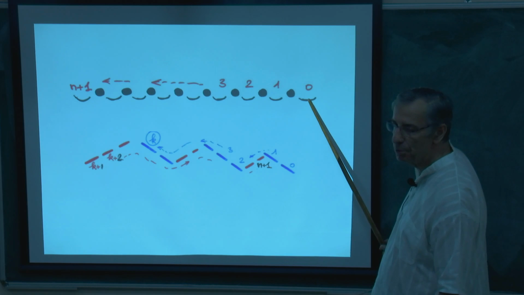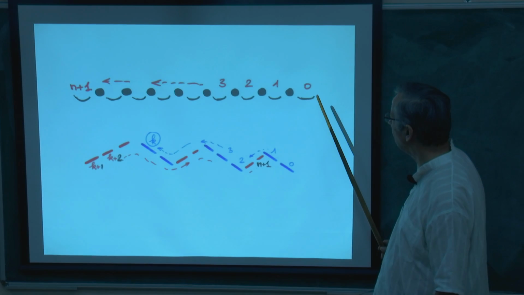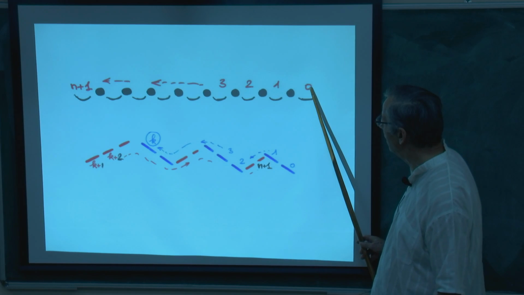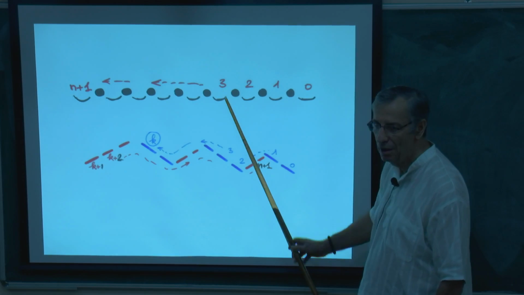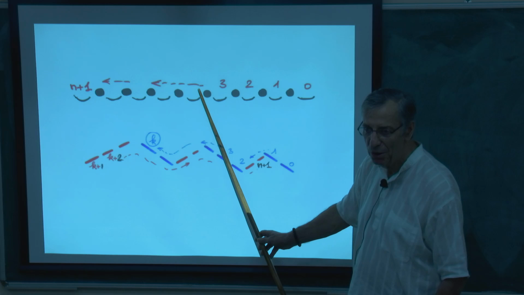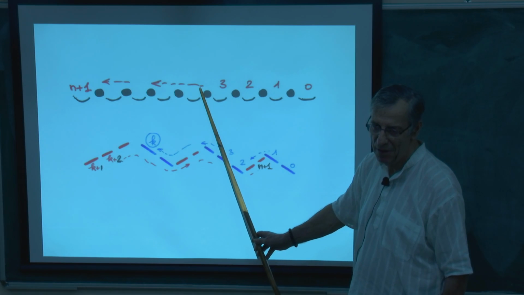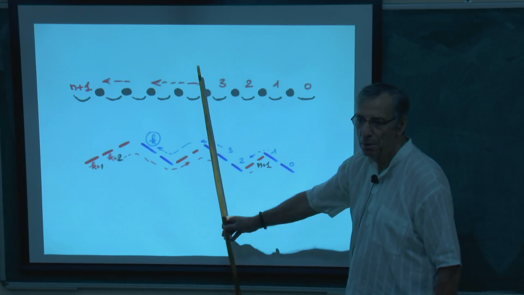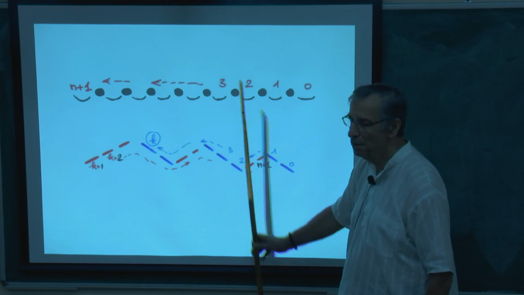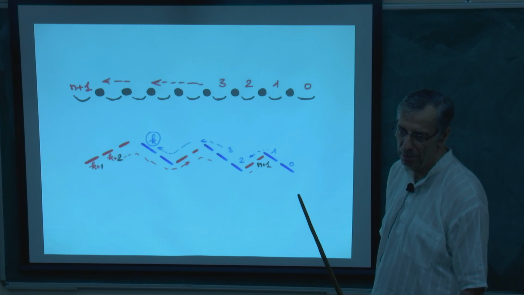There are n plus 1 possible choices, and the choices for inversion are labeled from right to left. This is the first choice, second, third, and each time you take choice number i, you put q power i as a weight. The total weight will be q power the sum of all the indices of possible choices, and this gives you the inversion number.